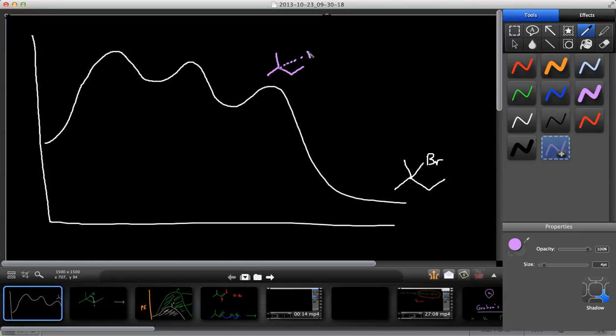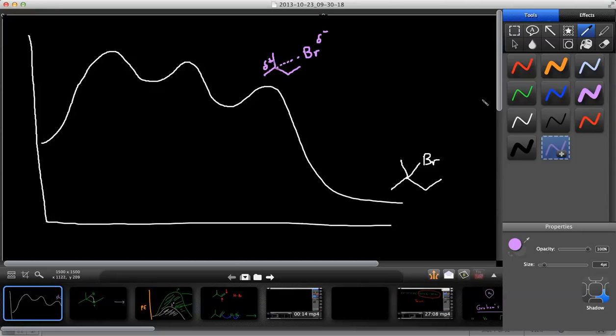So in this transition state, I'm making a carbon-bromine bond. The bromine is partially negatively charged, while the carbon is partially positively charged.